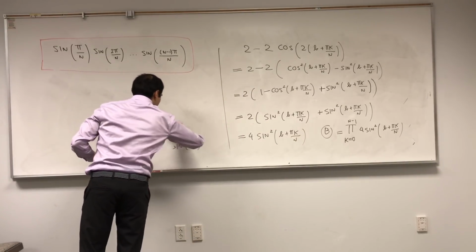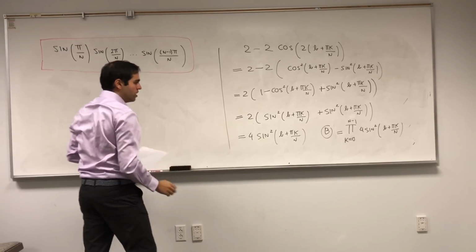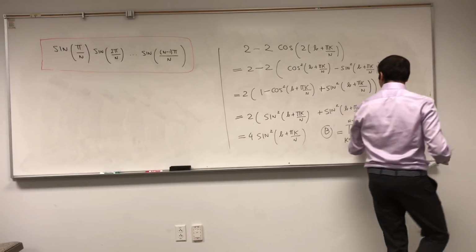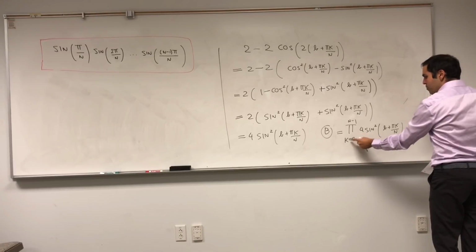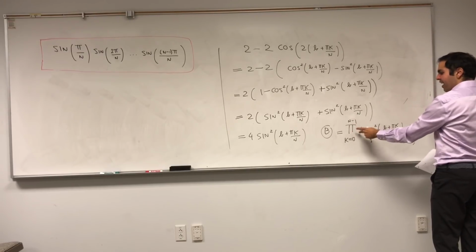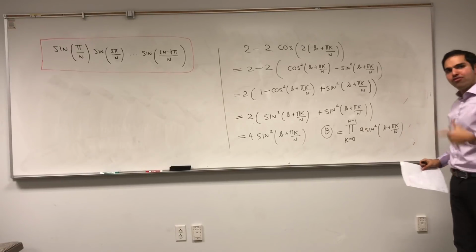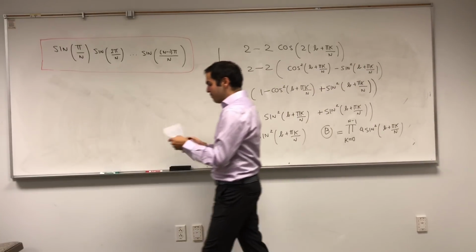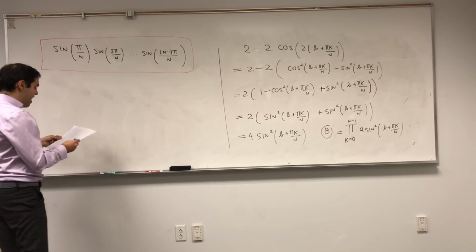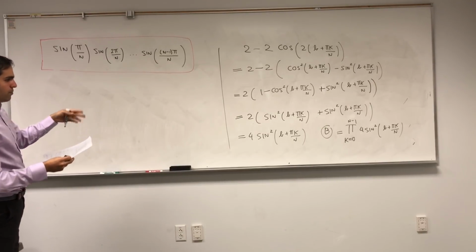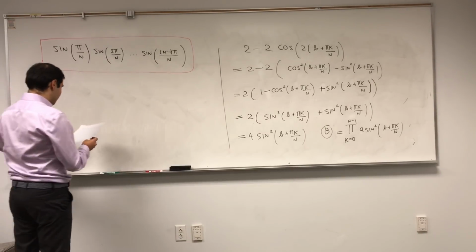However, notice each of those has a factor of 4, and we're multiplying this n times. So each contribution we have 4, so it's 4 times 4 times 4 n times, and you're left with 2 to the 2n.